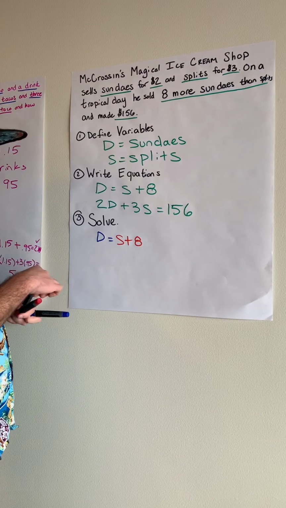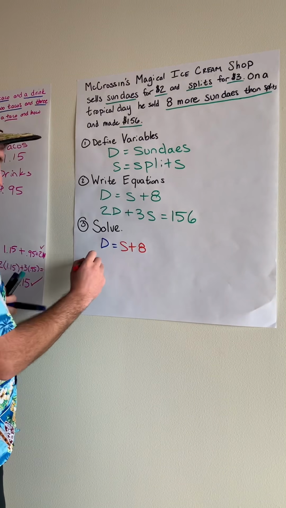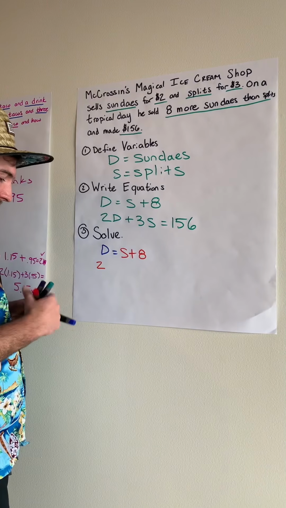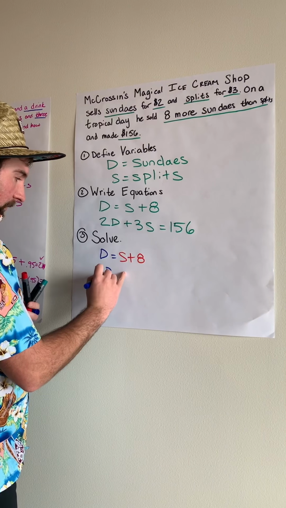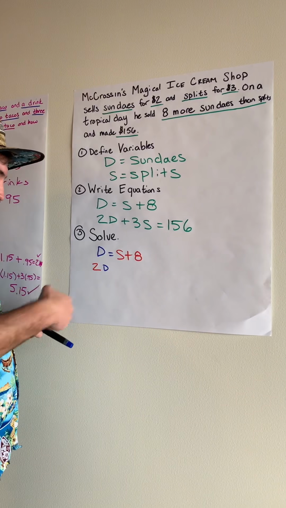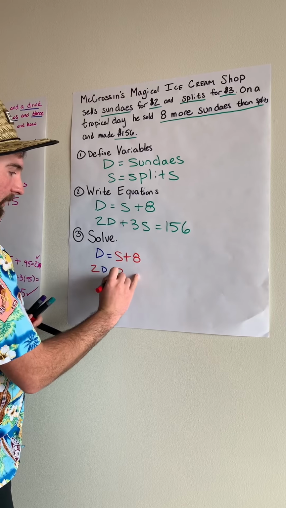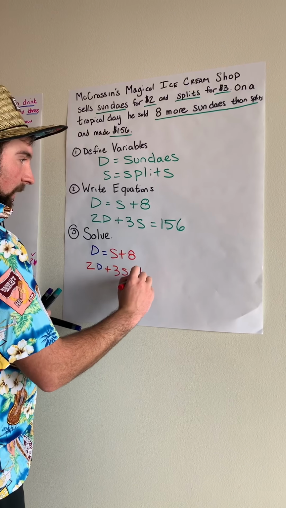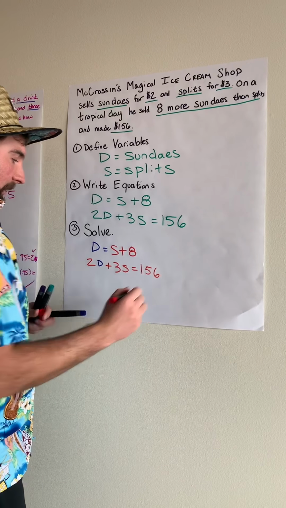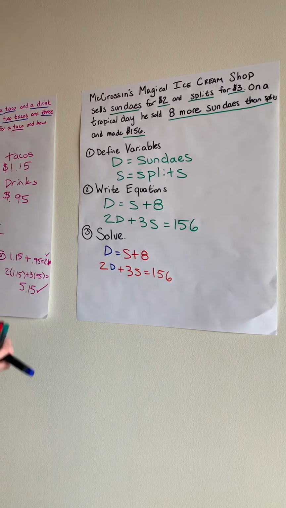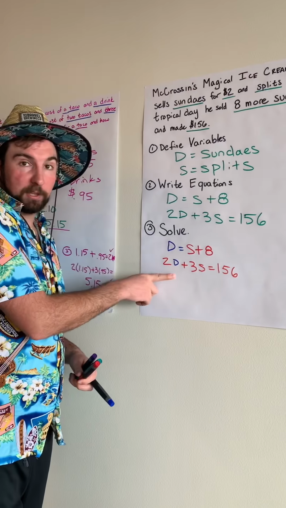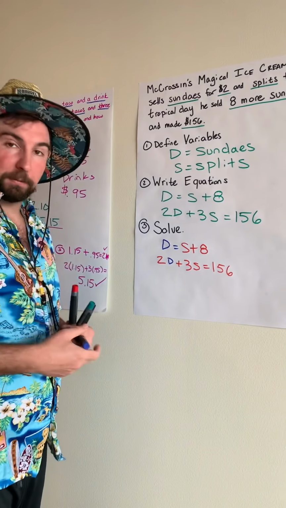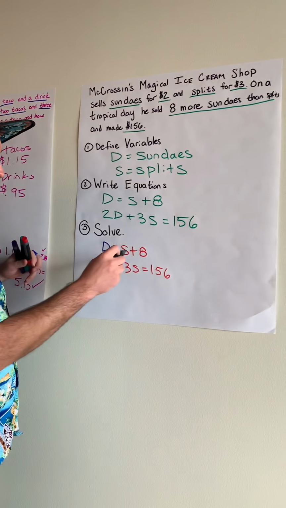I also have 2 times D plus 3S equals 156.